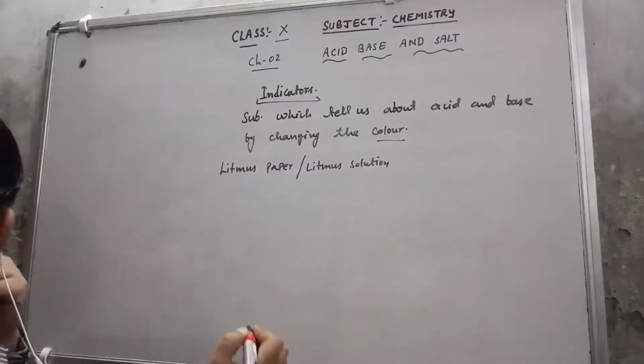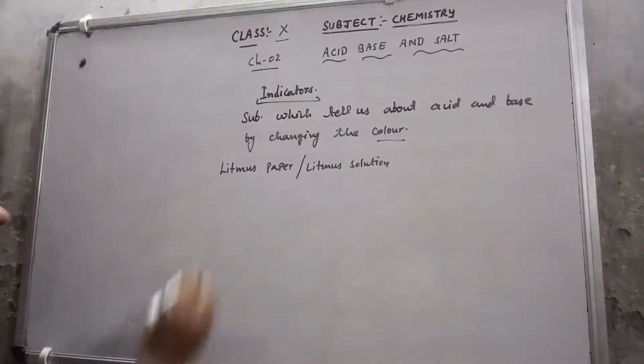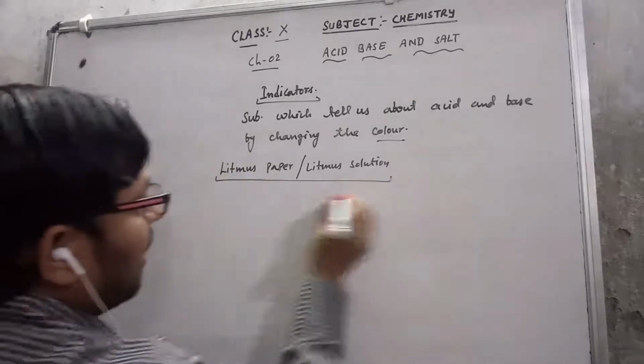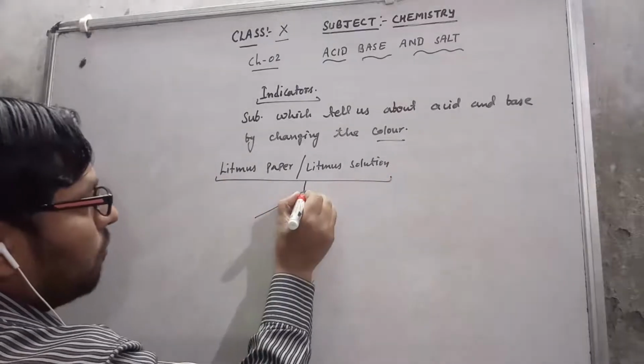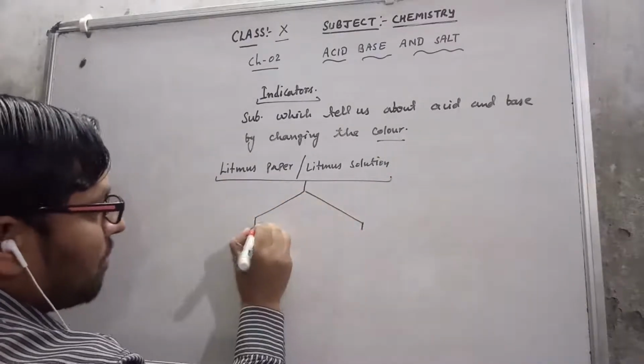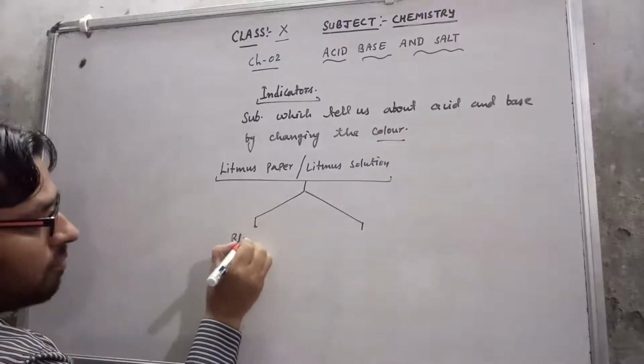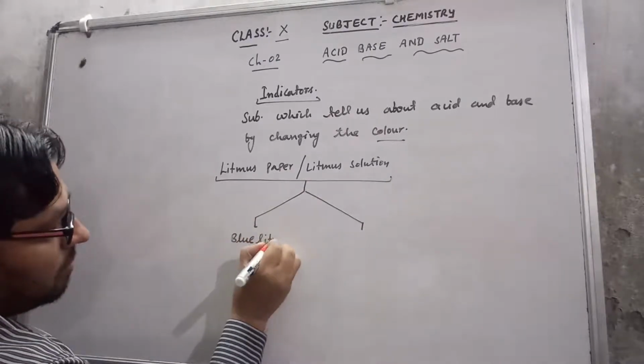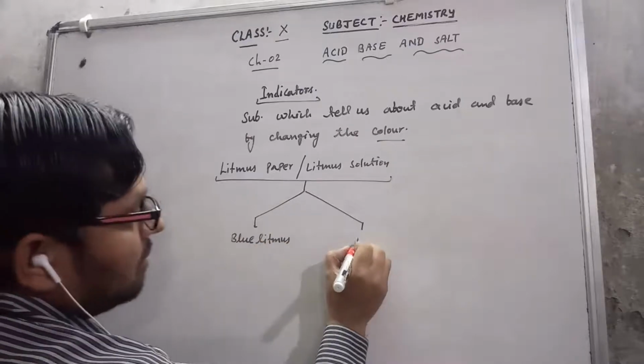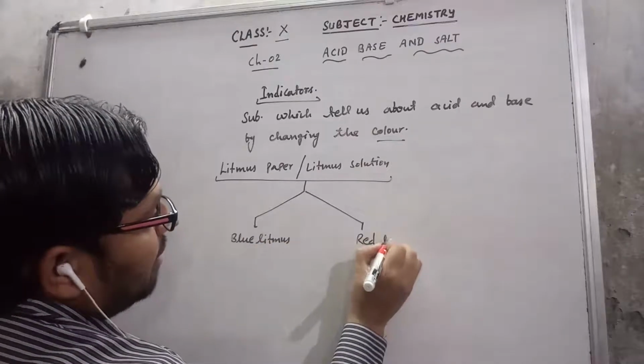Now there are two types of litmus paper or litmus solution. The first is blue litmus. Second is red litmus.